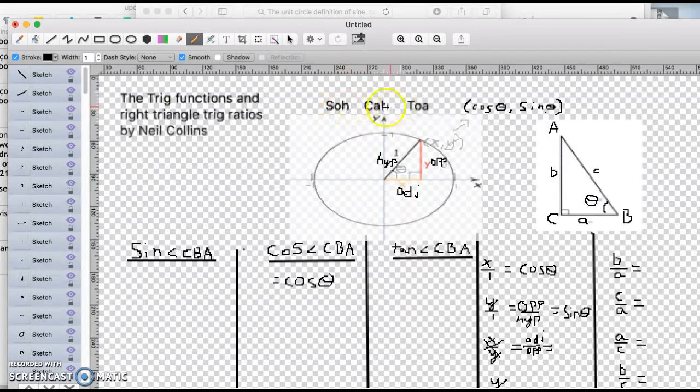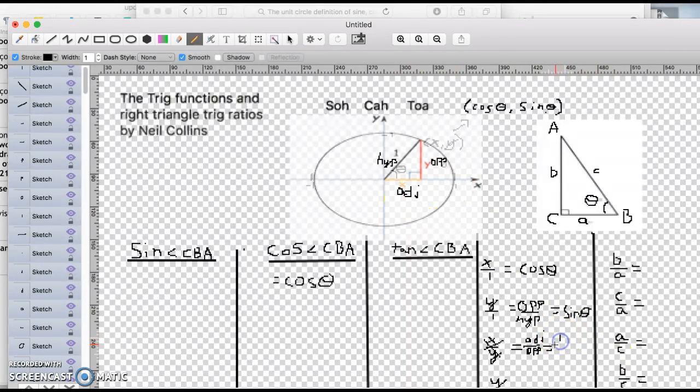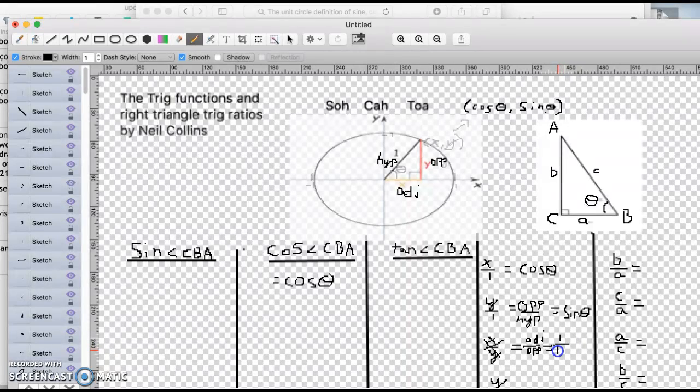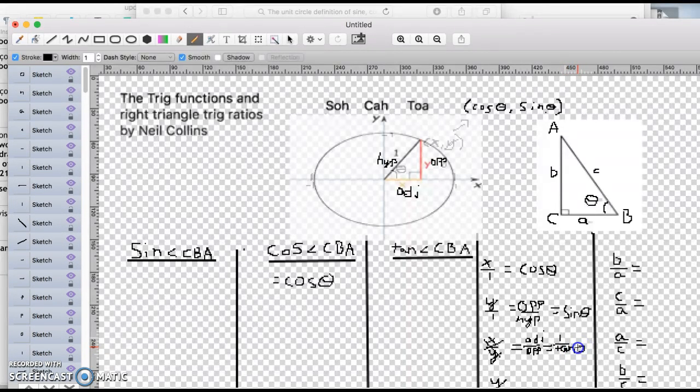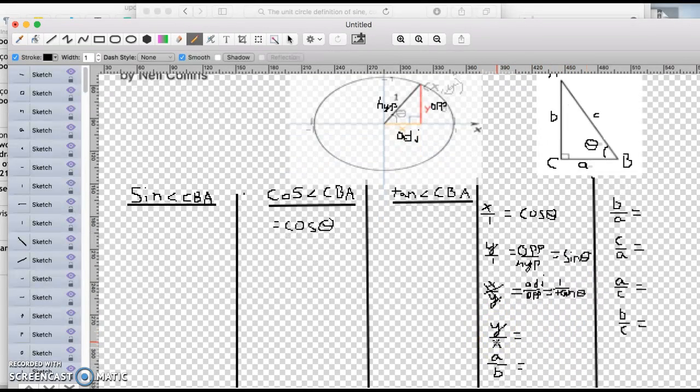Opposite over adjacent, nope. Adjacent over hypotenuse, nope. Opposite over adjacent, close but still not yet. It's actually the opposite of tangent, which would make it a cotangent, or 1 over tangent, of theta. Perfect. So that is not an option, that's a no.